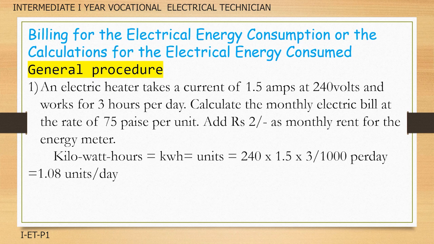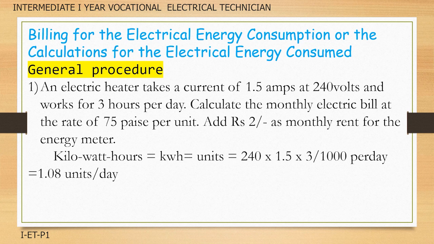Kilowatt hours, kWh, is equal to units. That is 240 into 1.5 into 3 by 1000 per day, which is equal to 1.08 units per day.